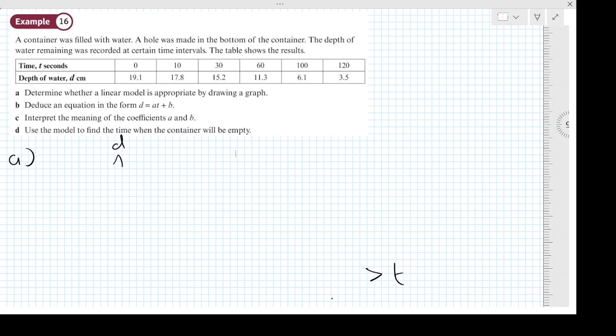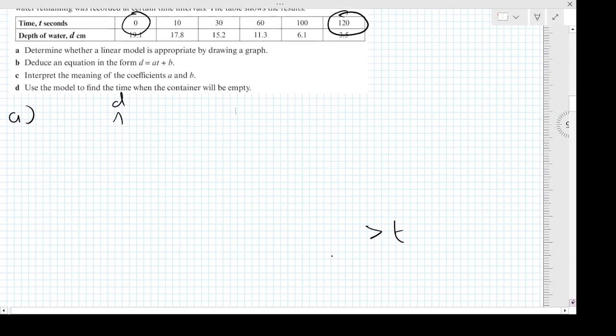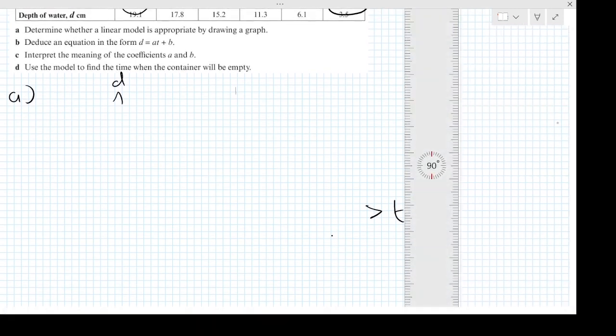Now I need to plot these data, so 0, 19.1, 10, 17.8, and so on. I need to think of a scale, because I need to draw my axes with a sensible scale that matches all these points. Let's look at time first. Time is between 0 and 120, so it's best to go from 0 to 120. That's why I've got this trusty ruler here.